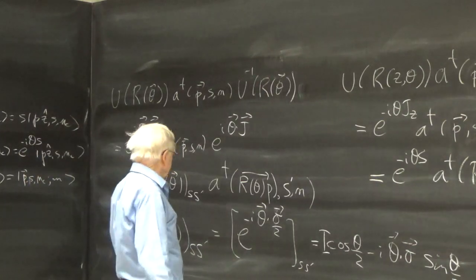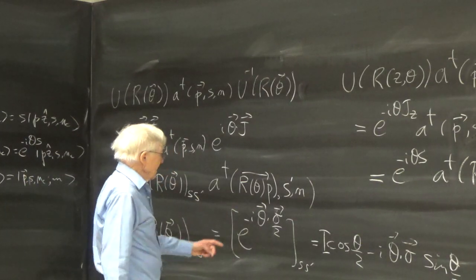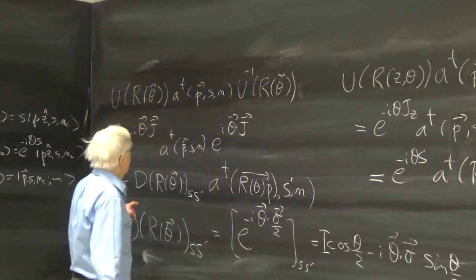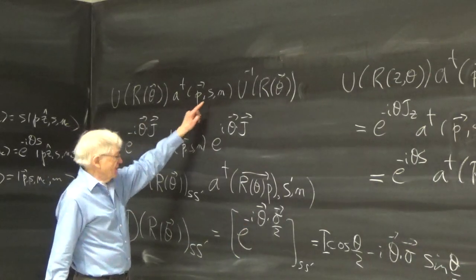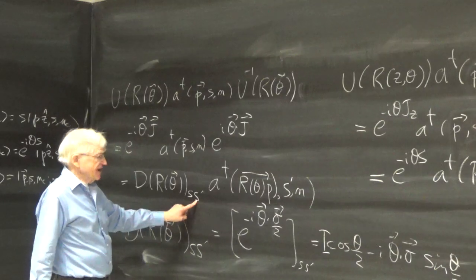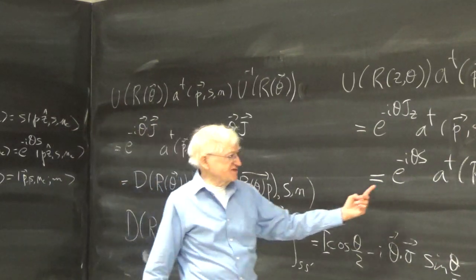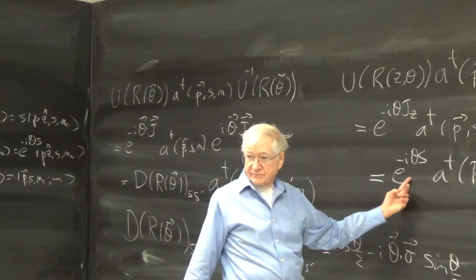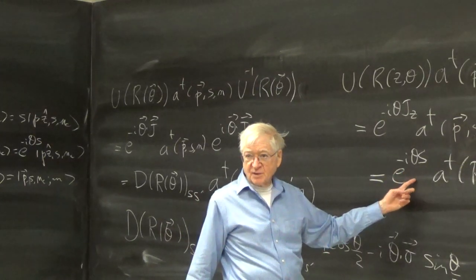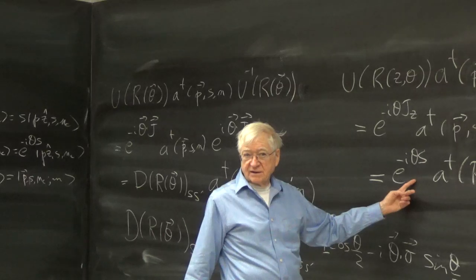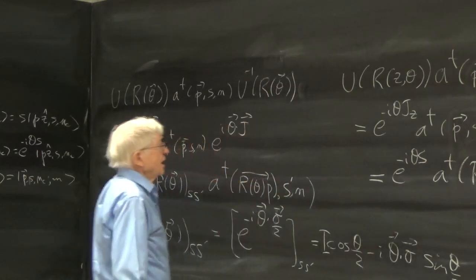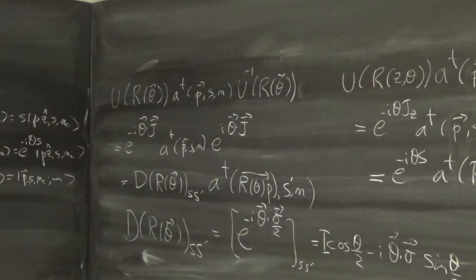And consequently, if we have spin s, then we stay with s, and s prime has to be s, and we just get this phase factor. So is everybody copacetic with this, or should I explain it again?